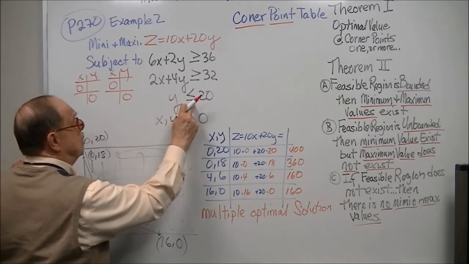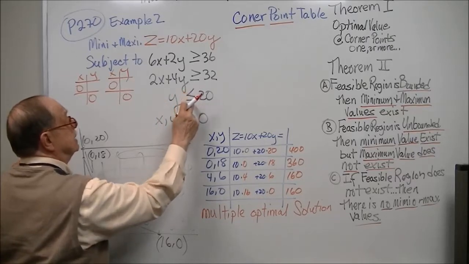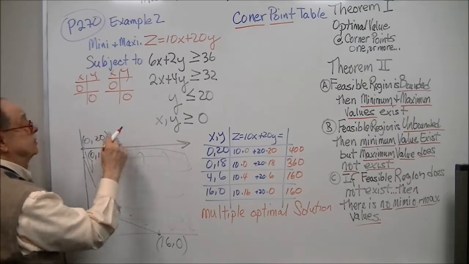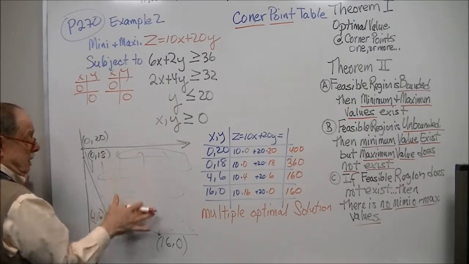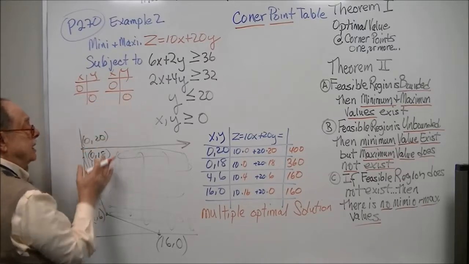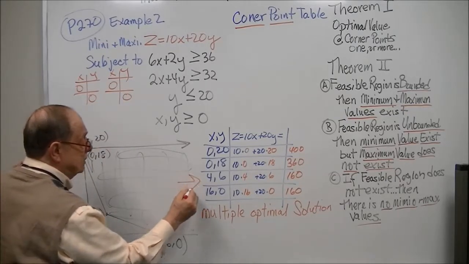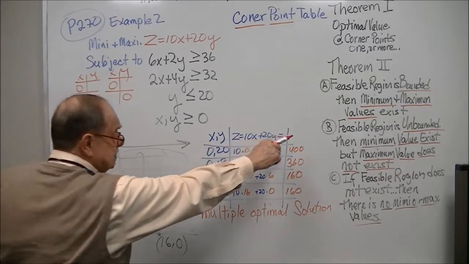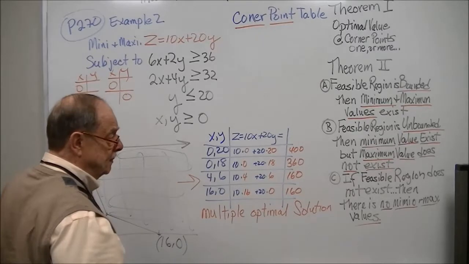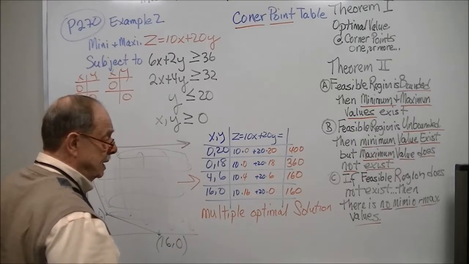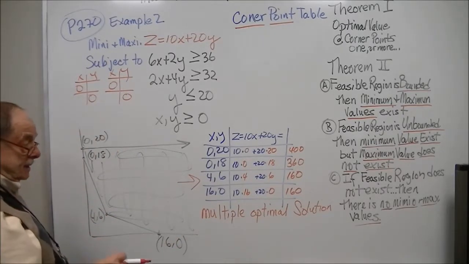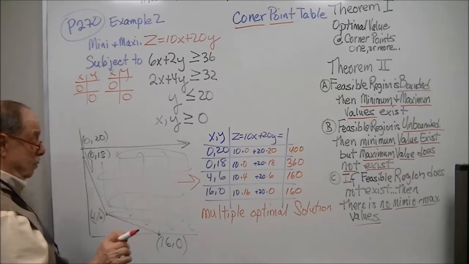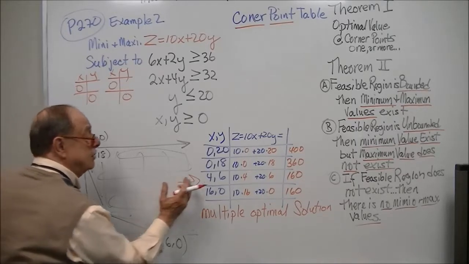And then we also have a qualifier up here, y is less than or equal to 20. Well, that's this line. And it's shaded below, so in a sense it's bounded up here, but unbounded in this direction. So in case B over here, the feasible region is unbounded, then a minimum value exists, but there is no maximum value. Again, why? Because it's unbounded this way.